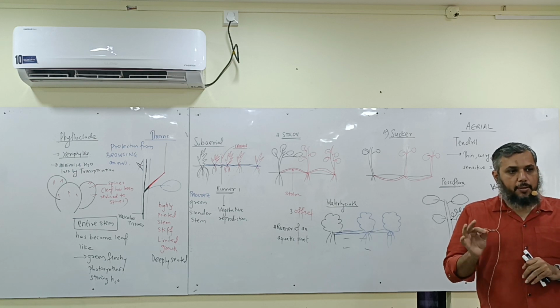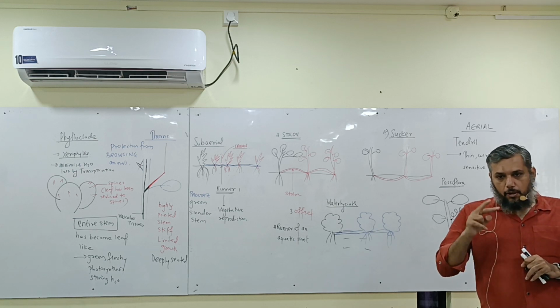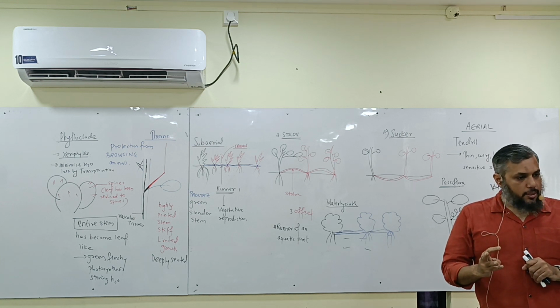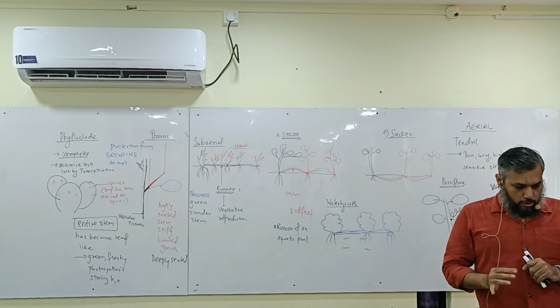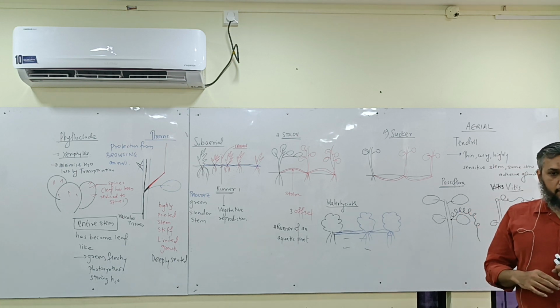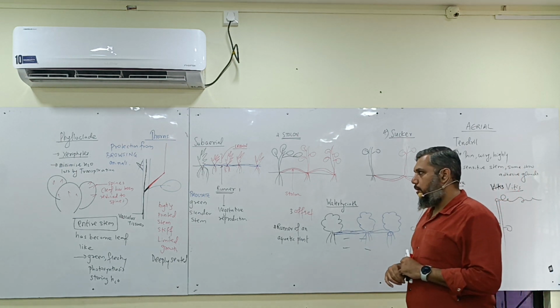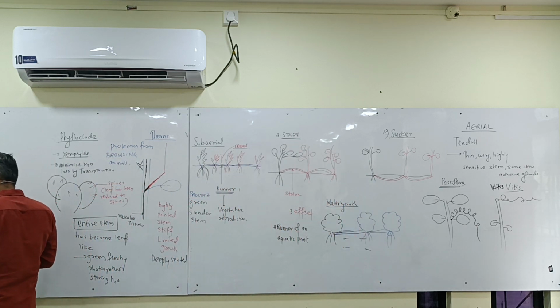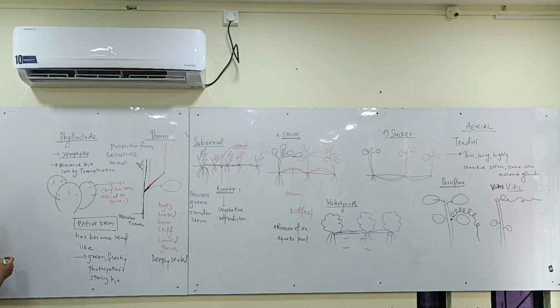Pronounce after me: Moehlenbeckia. The first two you compulsorily have to learn, Opuntia and Casuarina. Did you get my point, everyone? So phylloclade is a modification for minimizing water loss by transpiration.